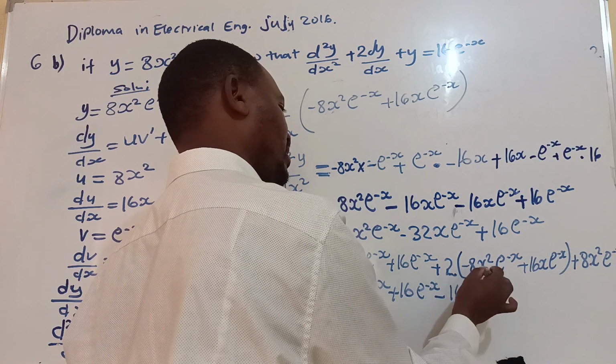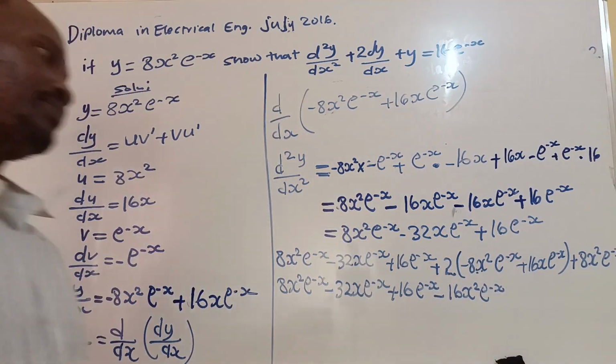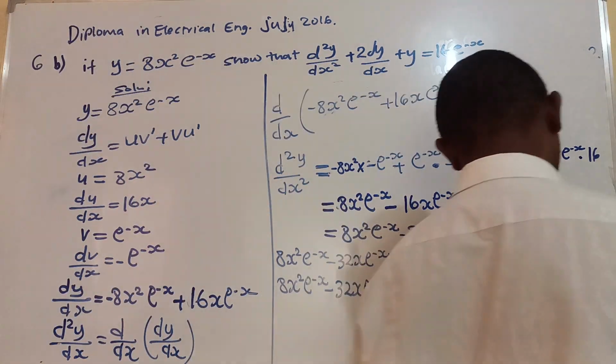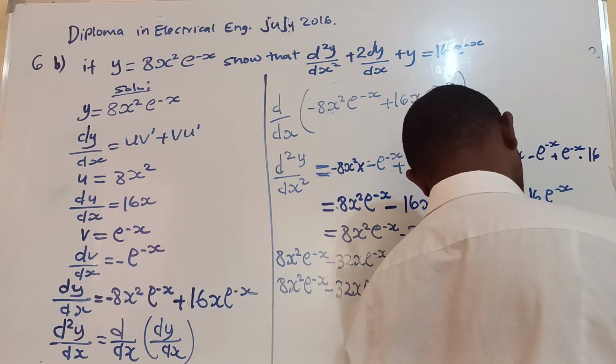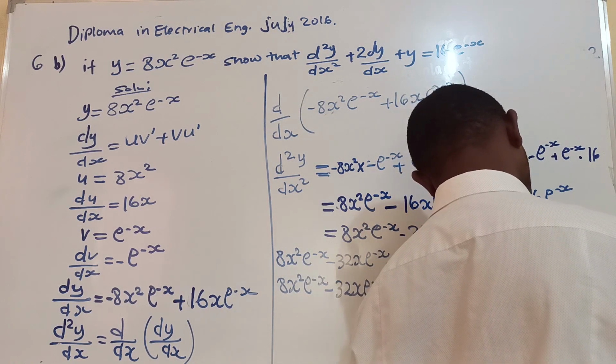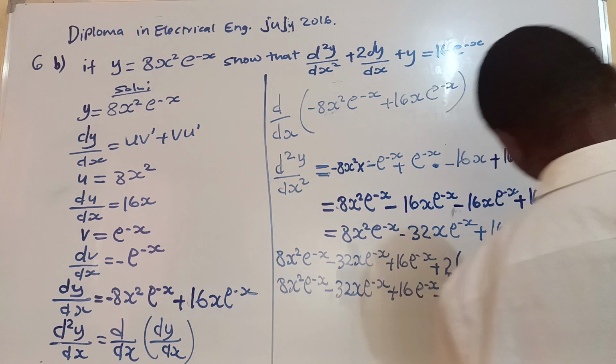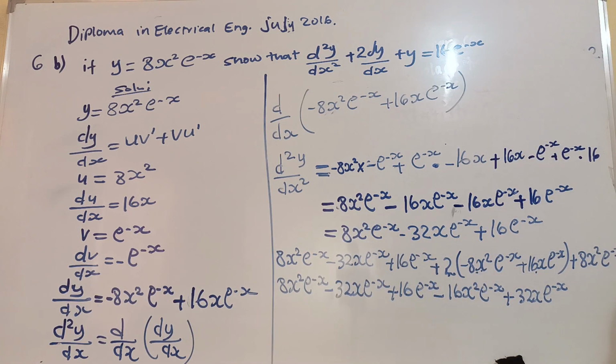So you multiply this one and this one. If you multiply now this one and this one, it will be plus 32x exponential negative x. And then finally plus this, plus 8x squared exponential negative x.